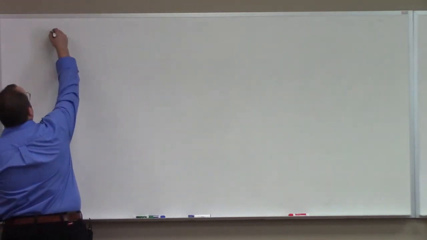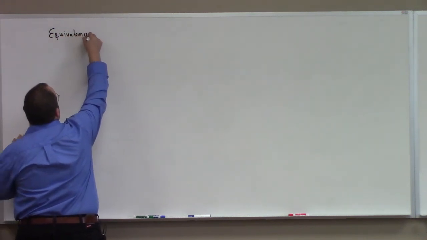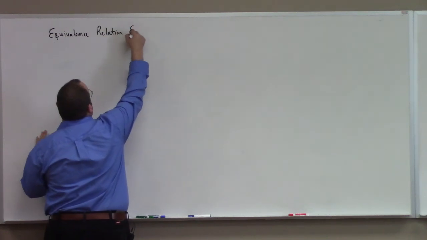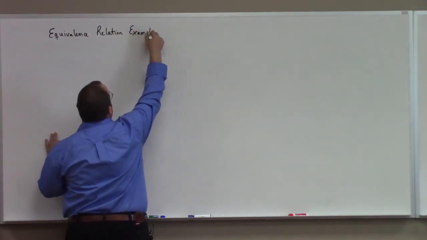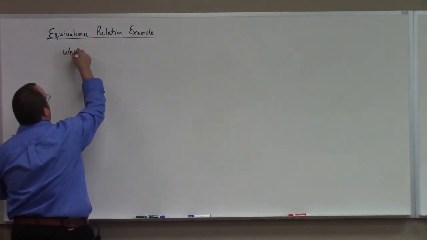I had an example for you guys that I thought might be helpful. So we talked about equivalence relations, right? Here's one I thought might be interesting. We could talk about fractions. When are two fractions equivalent?